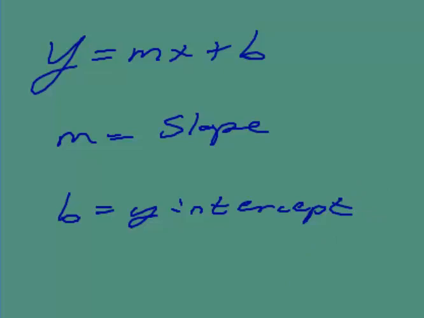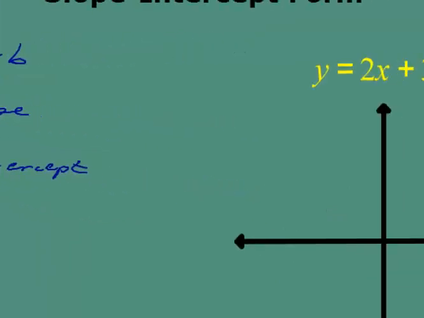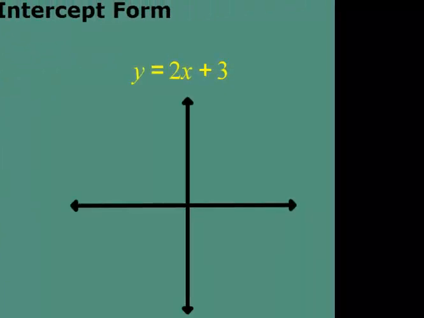So when we graph, which one do we use first, m or b? We use the b. Once we find the initial point, which is another name for our y-intercept, then we use the slope to find a second point on our line. And again, how many points does it take to make a line? 2, a minimum of 2. So we only really need 2 points, but we prefer 3, just to make sure that we're not messing up.